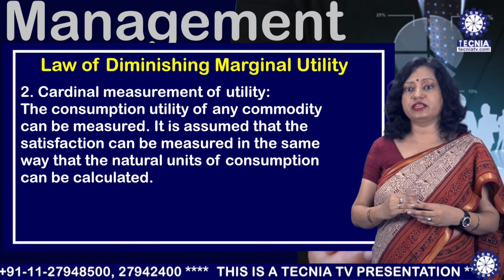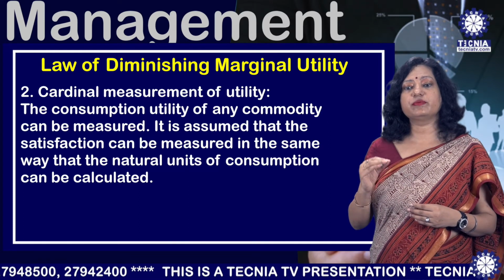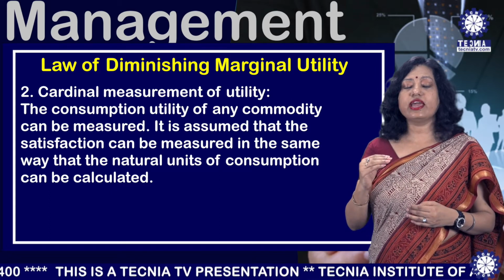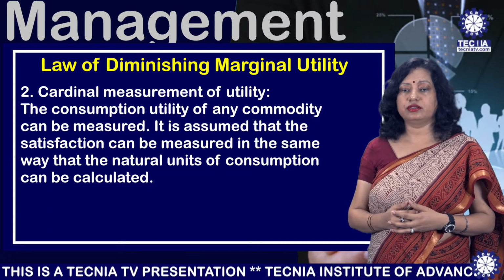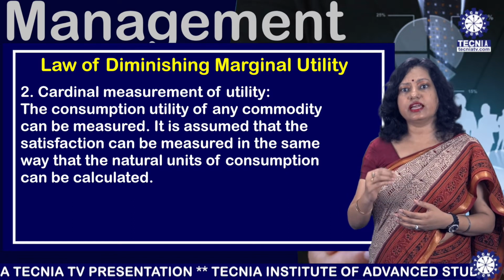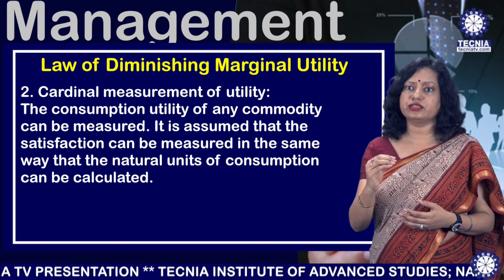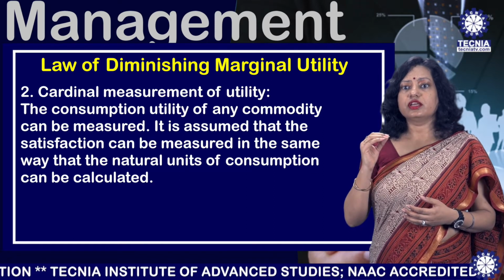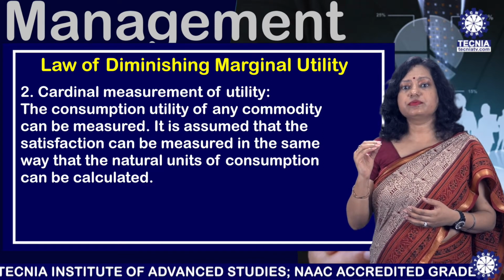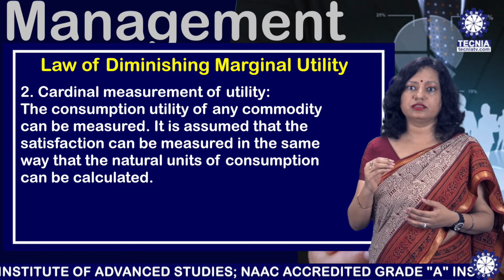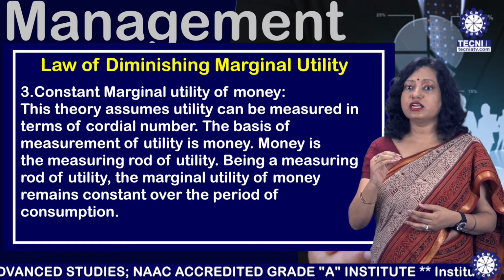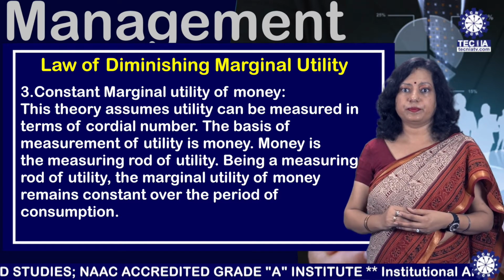The second assumption is cardinal measurement of utility. The consumption utility of any commodity can be measured. Satisfaction can be measured in the same way that the natural units of consumption can be calculated. The third assumption is constant marginal utility of money.